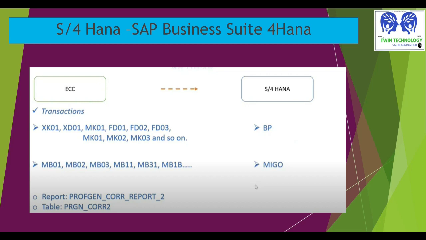SAP is full of transactions, so they want to optimize their transactions. For example, for a business scenario, there are 5 or 6 different transactions to perform it. They decided why not keep all 5 transactions in one.